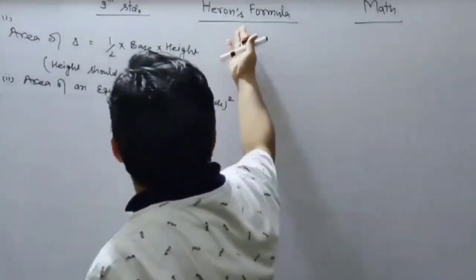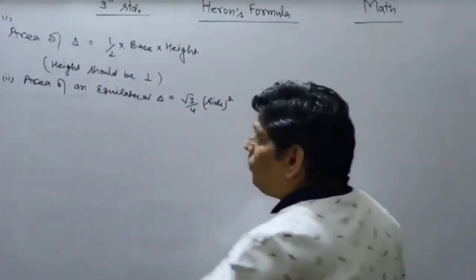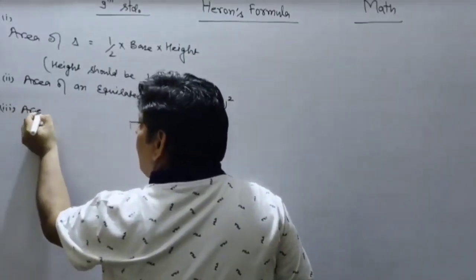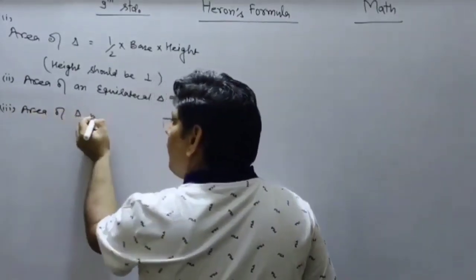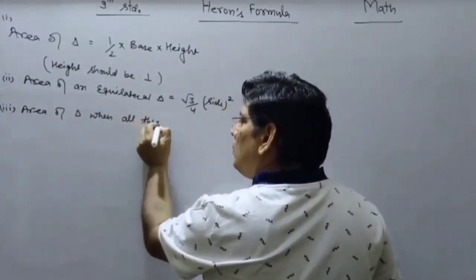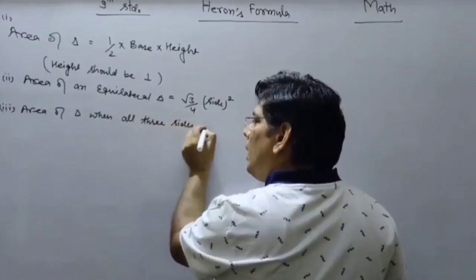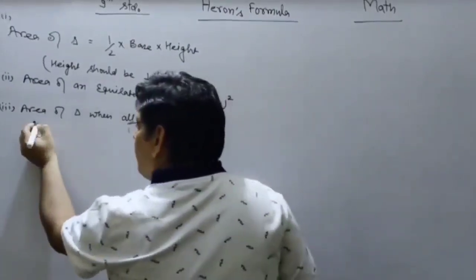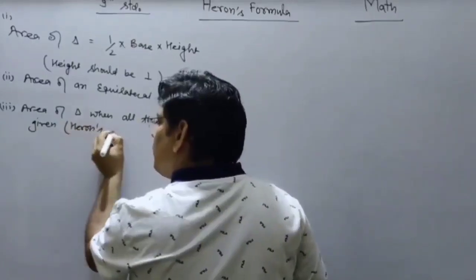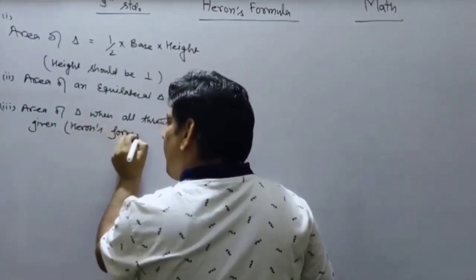Now the third point: area of a triangle when all three sides are given, that is known as Heron's formula.